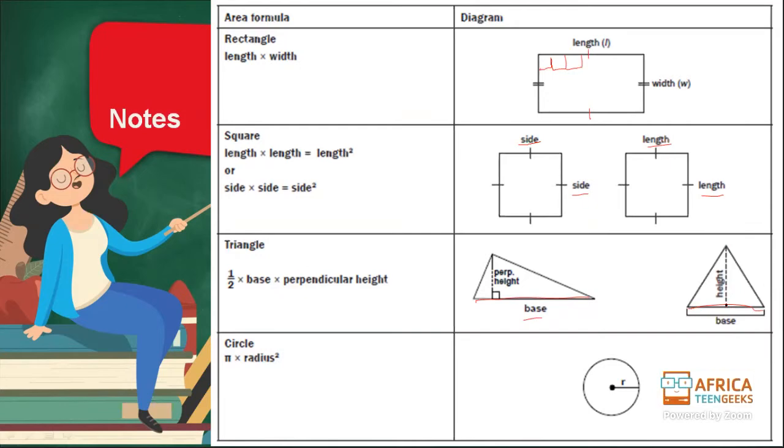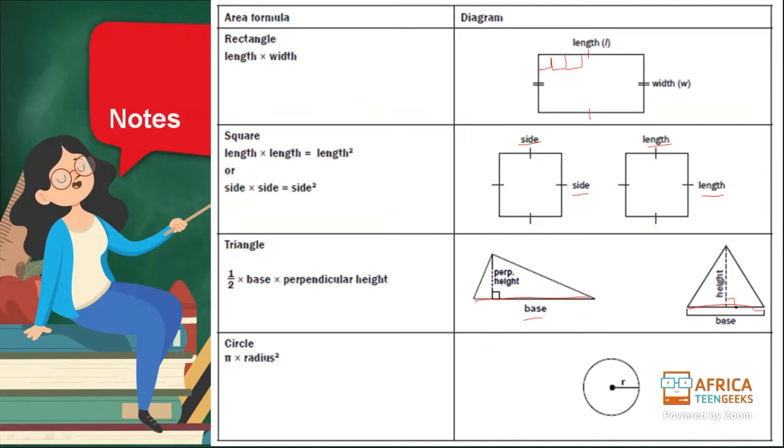When I say height, I mean the distance from the base to the apex, the tip of the triangle. This height is called a perpendicular height because it is at 90 degrees to the base.